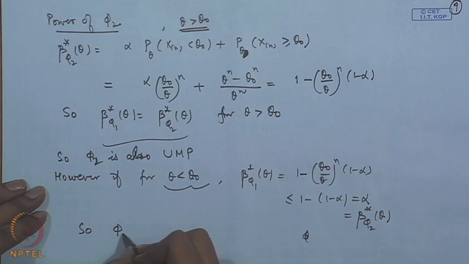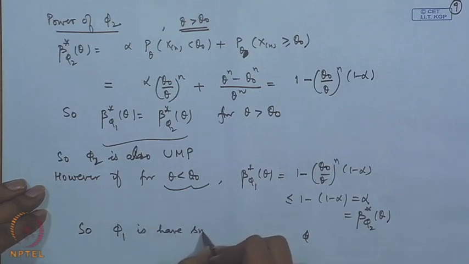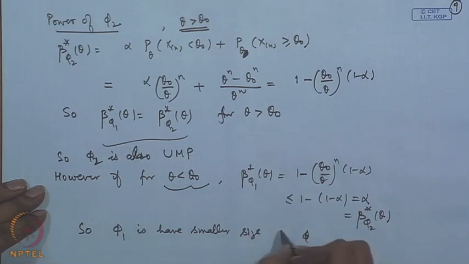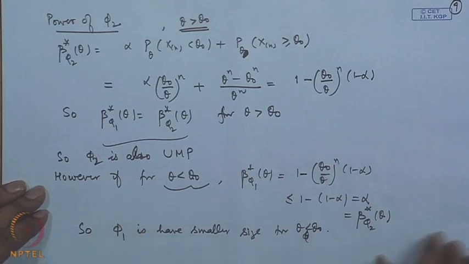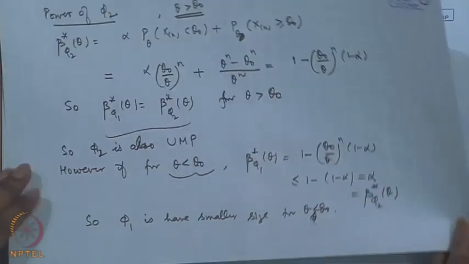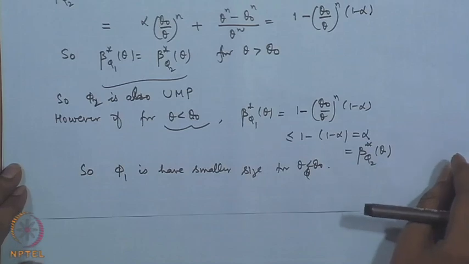So, phi 1 is having a smaller size for theta less than theta naught. I have derived one test phi 1 as a UMP test by the usual Neyman Pearson theory.